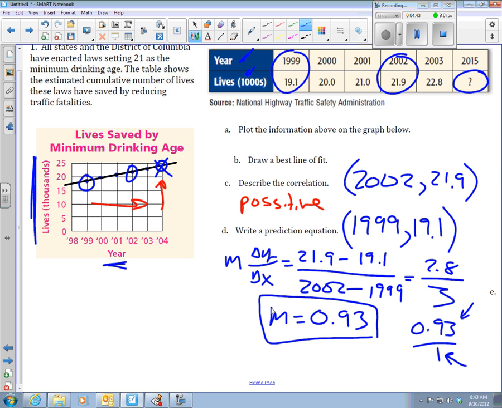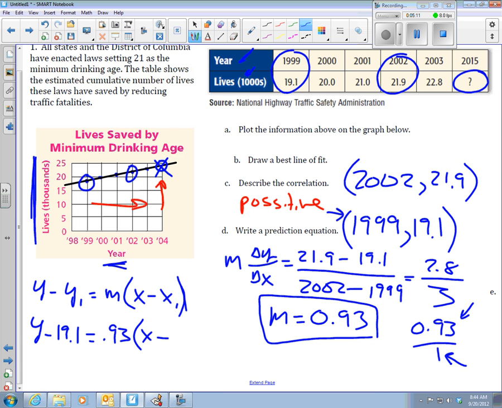Now, I will use this point right here. So I'm going to say y minus y sub 1 equals m times x minus x sub 1. So y minus 19.1 equals 0.93 times x minus 1999.